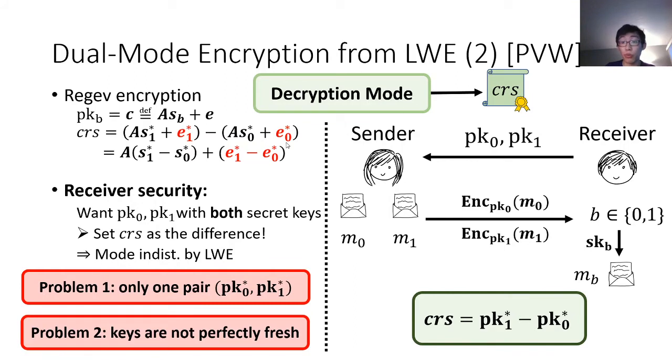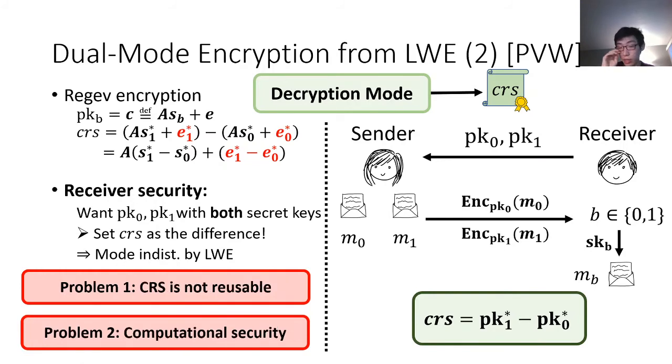So the public keys do not look completely fresh given the CRS. The first problem implies that the CRS is not reusable. The second problem gives that we only know how to argue computational security in that context.